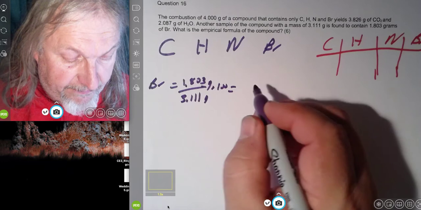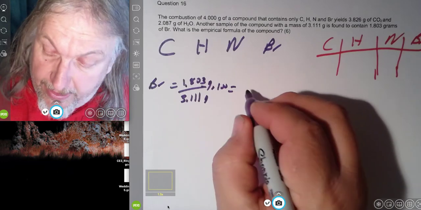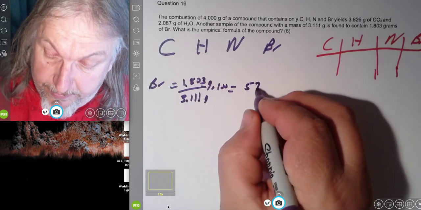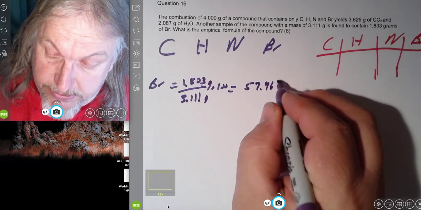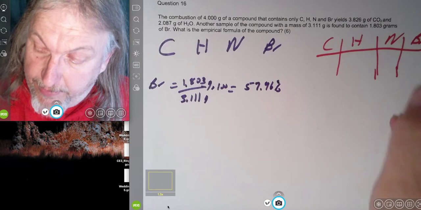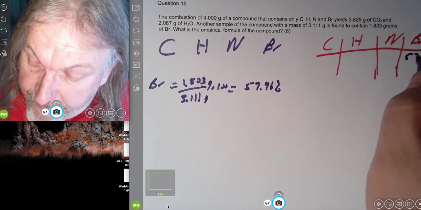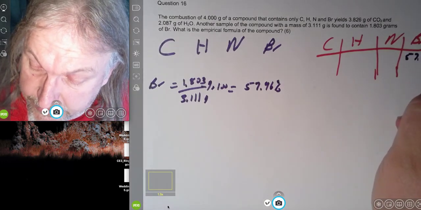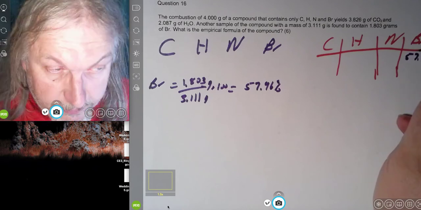That's going to give me 57.96 percent of bromine. So I can write that over here, 57.96, and we'll assume it's out of 100.